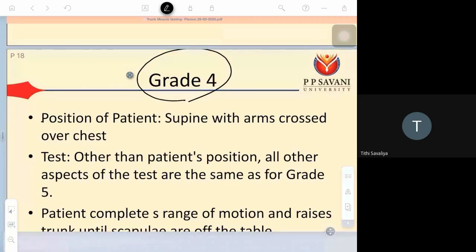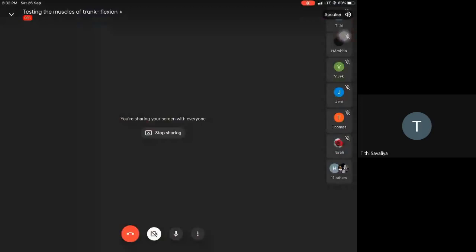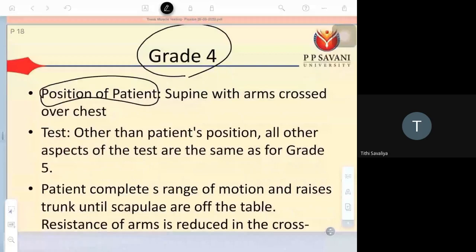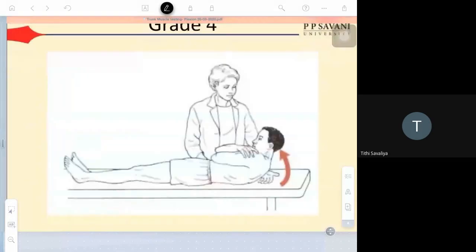Listen carefully. What is patient position? So patient position, you see the position changed here. Not for physiotherapist, for patient.